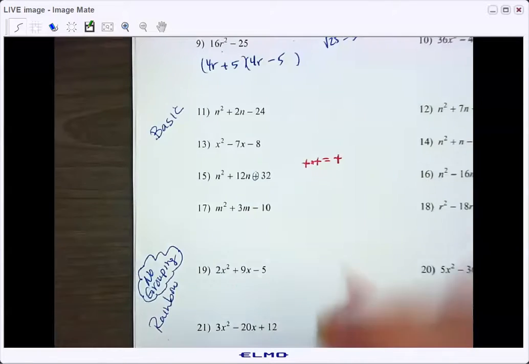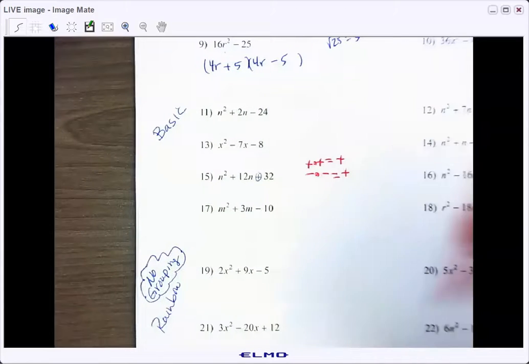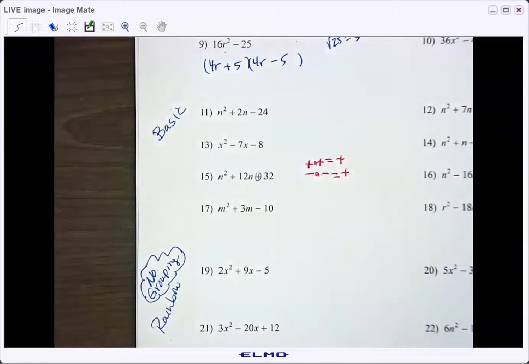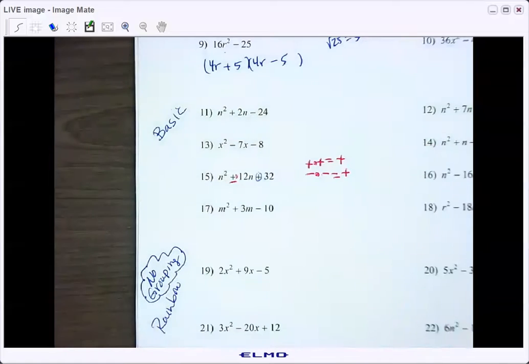Yep, a negative and a negative. Negative times negative is equal to a positive. Those are my only 2 options. Thank you, guys. And this one right here tells me which one it is.